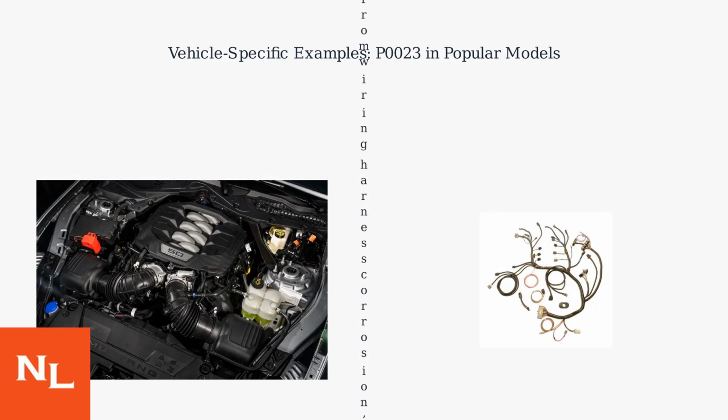In GM 3.6L V6 engines found in Chevrolet Malibu models, solenoid failure from oil sludge buildup is a frequent issue affecting the actuator circuit. Ford 5.0L V8 engines in Mustang vehicles often experience P02T3 due to wiring harness corrosion, particularly in areas with high humidity.